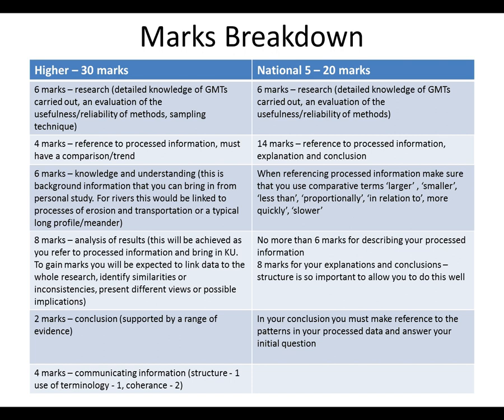And then 4 marks. Now this is an easy 4 marks. The SQA actually mark your assignment by giving you these 4 marks straight away before they read it. You then have to prove to them that you don't deserve the 4 marks. As long as you structure it in a certain way, so you've got a beginning, a middle, and end, your GMTs, your process data, your conclusion, you get the structure mark. Use of terminology: do you use geographical terms?